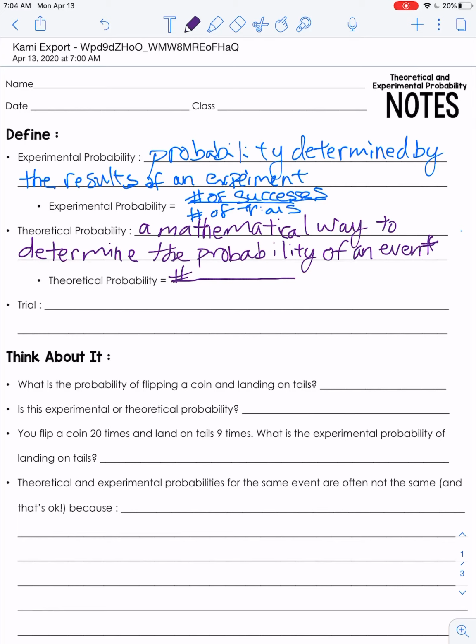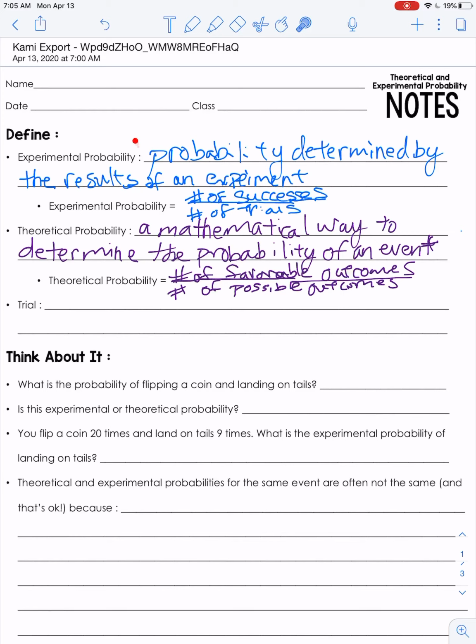So theoretical probability is the number of favorable outcomes over our total number of outcomes. So, these are those simple probabilities that we've been working with, the theoretical probability.